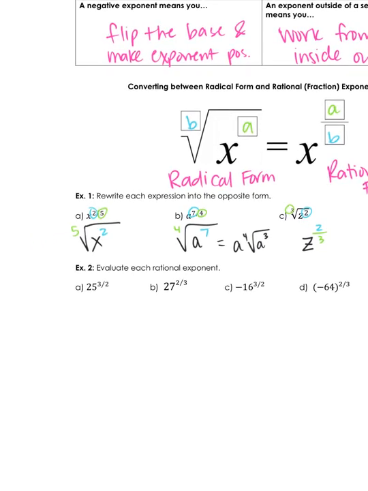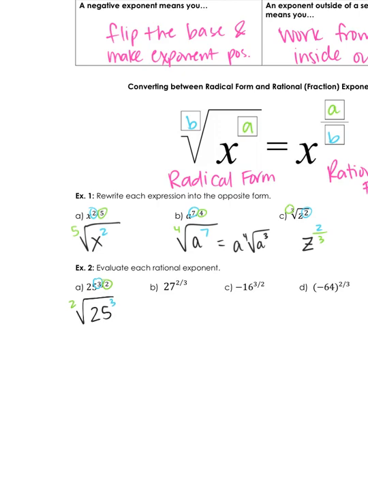All right, with these, we're going to evaluate, which means we're going to find a number as our final answer. So I'm going to take my radical, I'm going to put 25 on the inside as my base. Then 3 becomes my exponent inside. 2 becomes my number outside. Now, 2 means the square root, so sometimes we don't always write it like that.